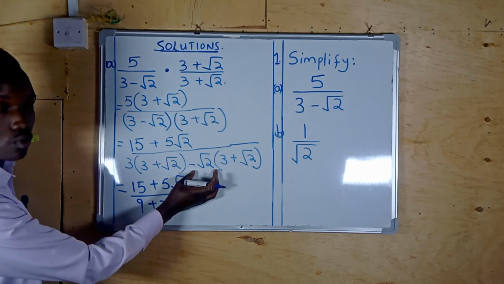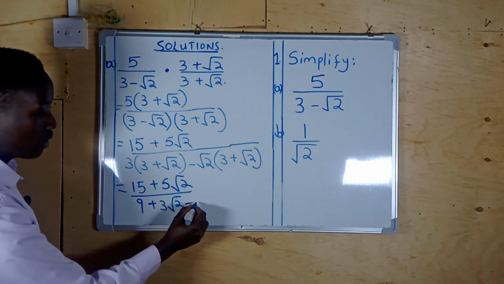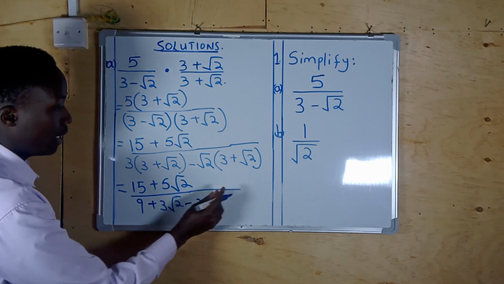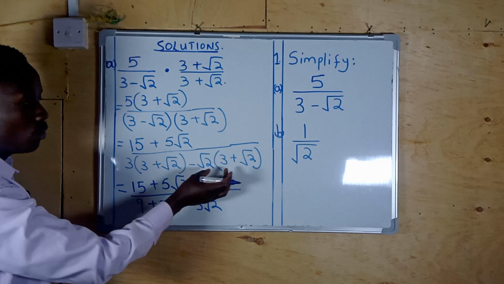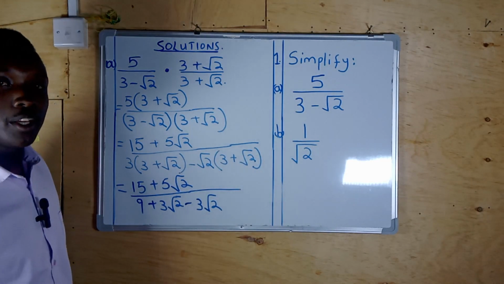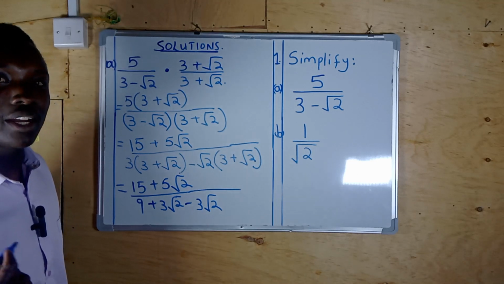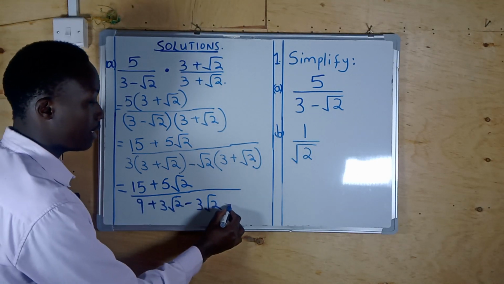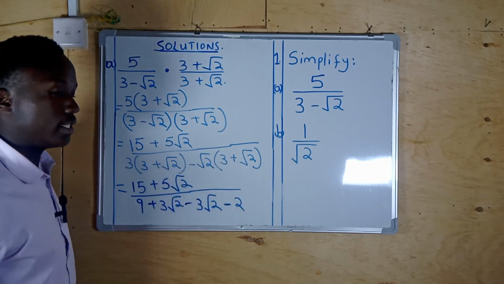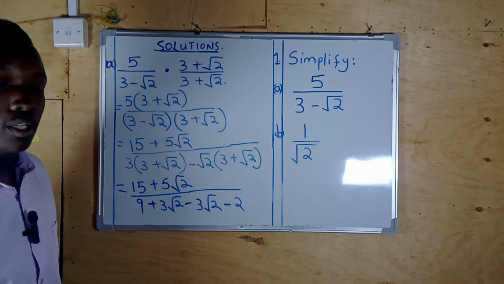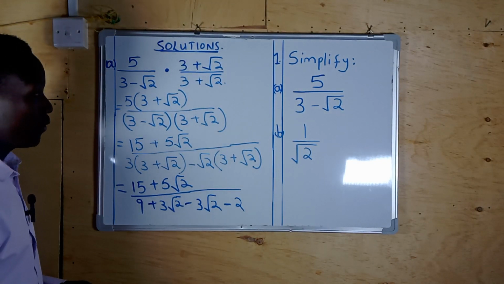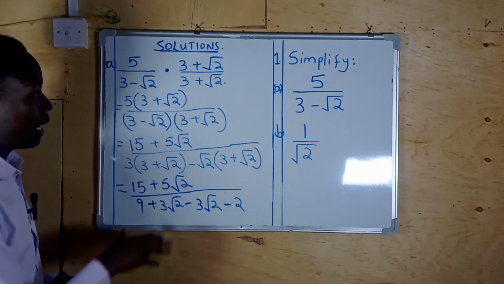Then minus root 2 times 3 will be equal to minus 3 root 2. Then minus root 2 times root 2, that is equal to minus root 4. Square root of 4 is a perfect root, so we are going to get minus 2. Reason being, the square root of 4 is equal to 2.